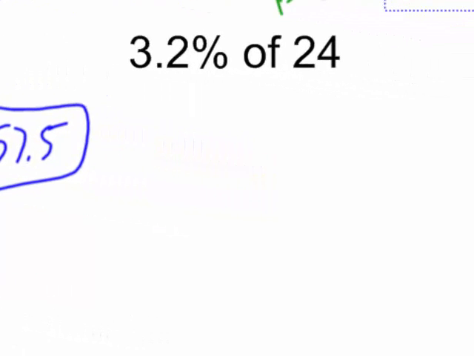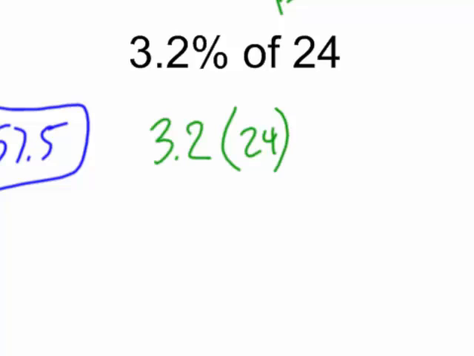Okay, the most common mistake on the second one is I see this a lot. A lot of people will say, well, it's already a decimal, 3.2, so they just go 3.2 times 24. Is that correct? No, that's the percent. 3.2 is the percentage. And then I see a lot of people write 0.32 times 24. Well, is that 3.2% as a decimal? No, because how many spots do you have to move your decimal place? 1, 2.